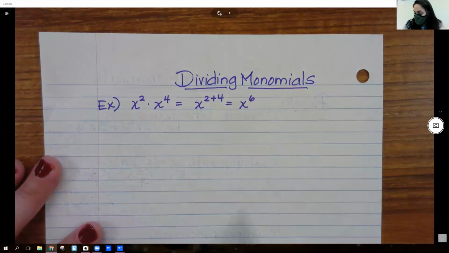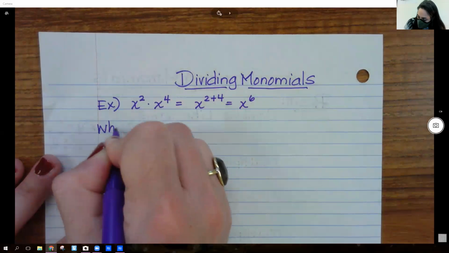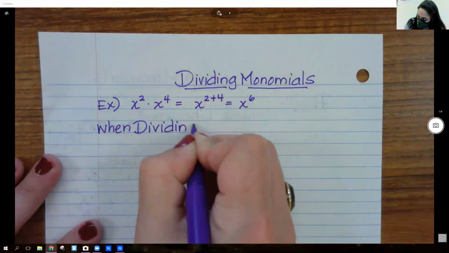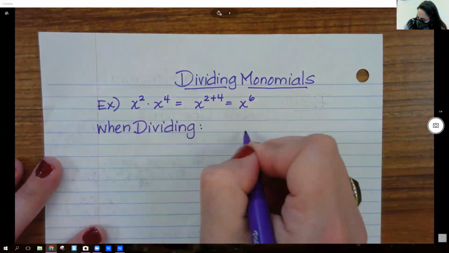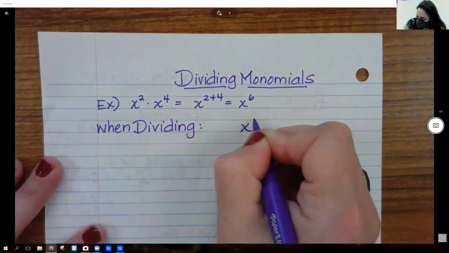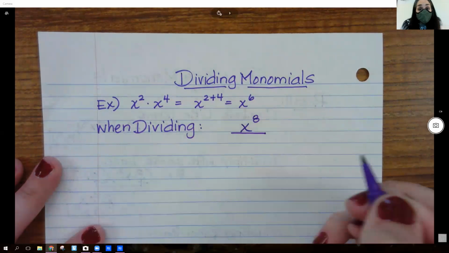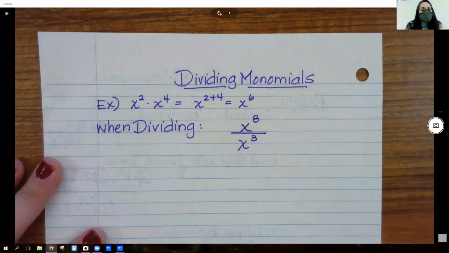So when you divide, your example is going to look something like this. Maybe it'll be x to the 8th power divided by, it's going to look like a fraction, x to the maybe 3rd power, like that.